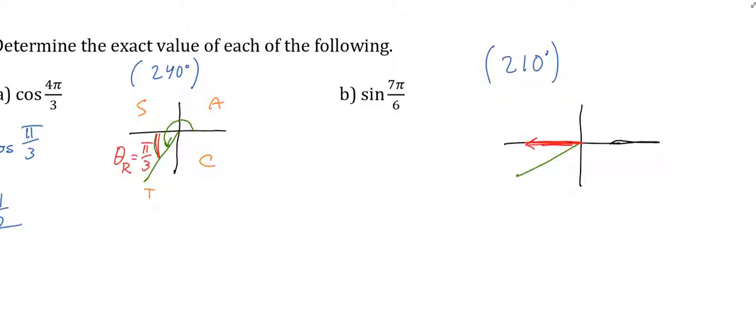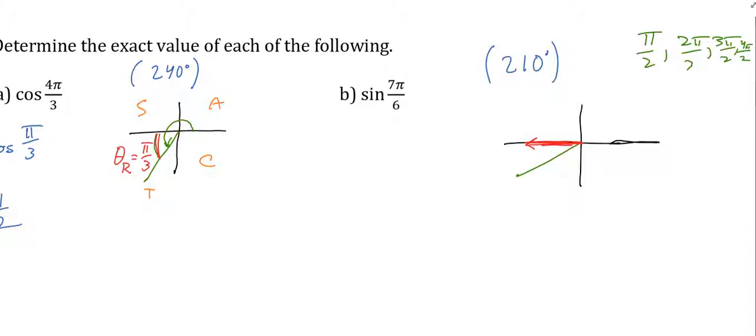What's 270 in radians? What is 90 in radians? So 1 pi by 2, 2 pi by 2, 3 pi by 2, 4 pi by 2. Pi by 2, pi, 3 pi by 2, 2 pi.